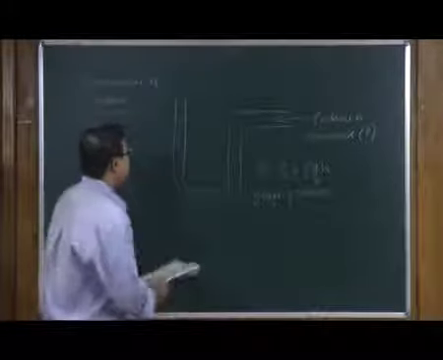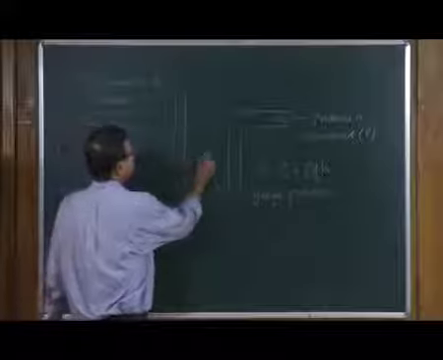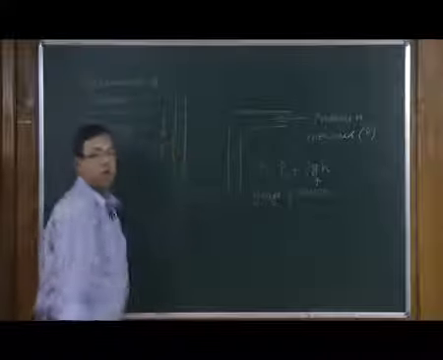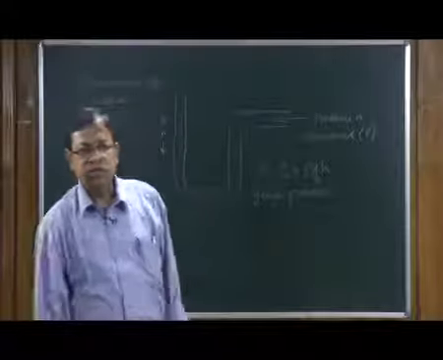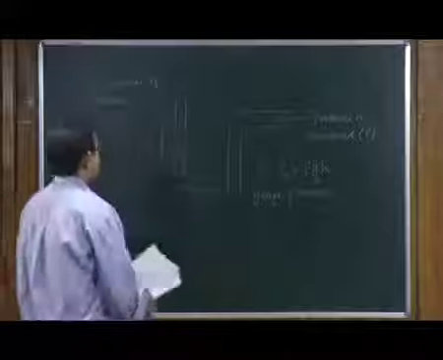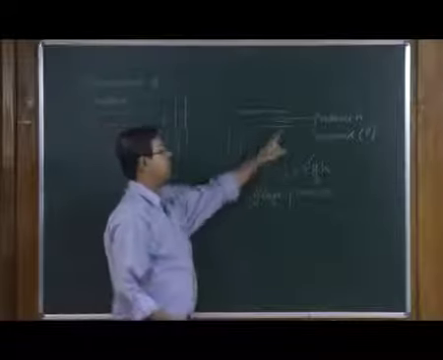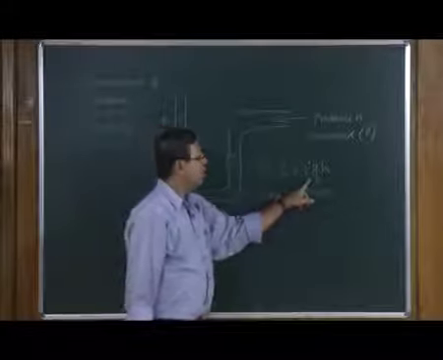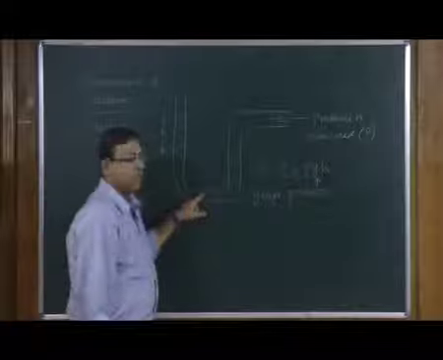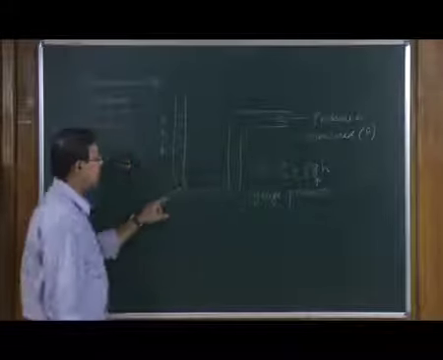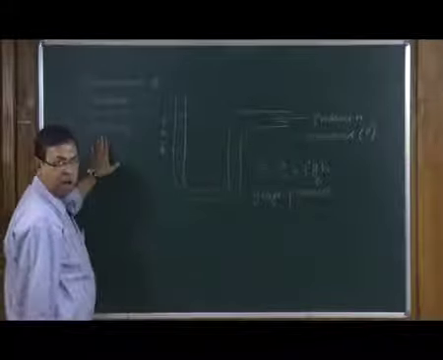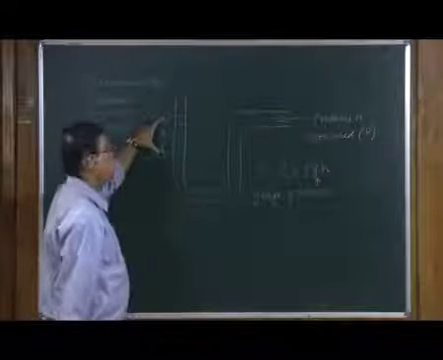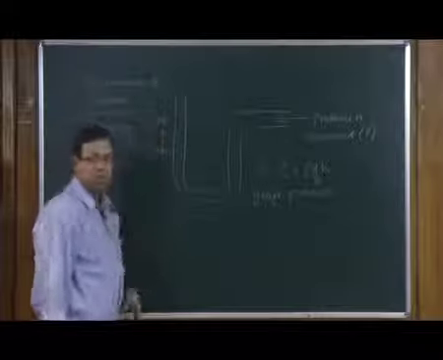So, this H is the height difference between the two arms of the U-tube, and this is the pressure that is measured here. P 0 is the atmospheric pressure, rho is the density of the liquid that is there inside, and as we said, most of the time one uses mercury as the liquid inside. H is the height difference between the left and the right arm.